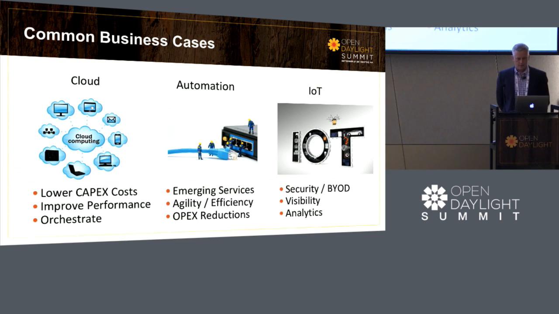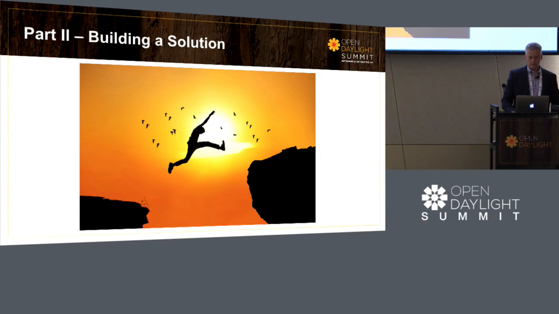There are a number of concerns in an IoT space, which include security, providing visibility, and having the right analytics. So those are some of the use cases. And so then we talk about, given that landscape of OpenDaylight, how do we build a solution?